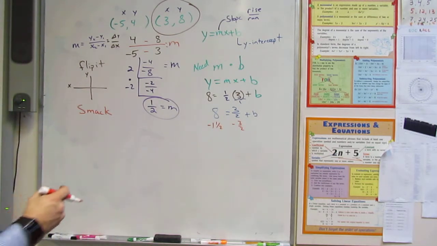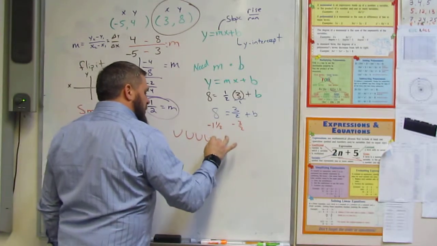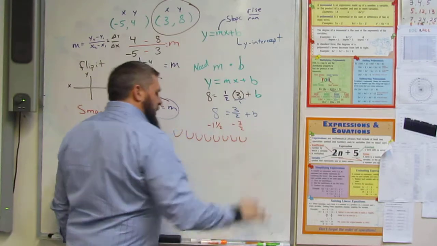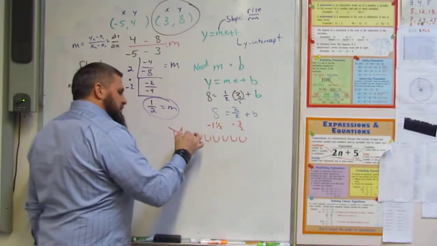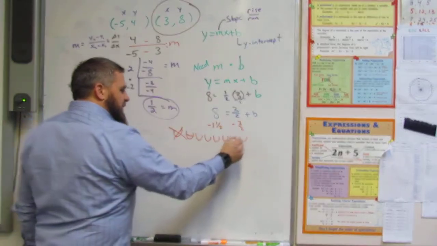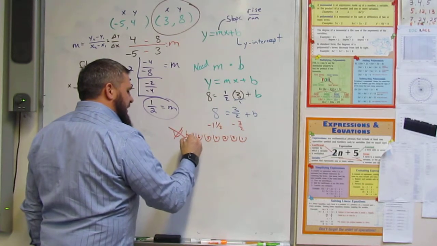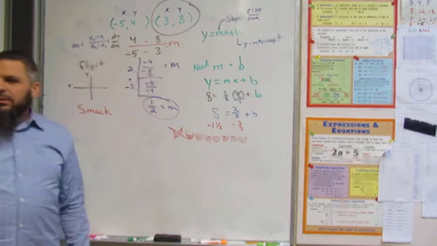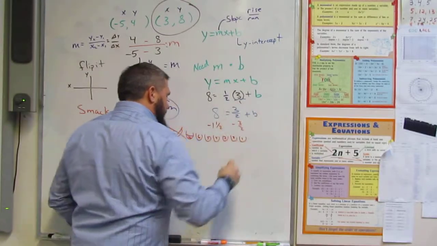Right? So if I have 8 glasses of water and I drink 1.5, right? Then I'm left with 1, 2, 3, 4, 5, 6.5. Right? Simple.